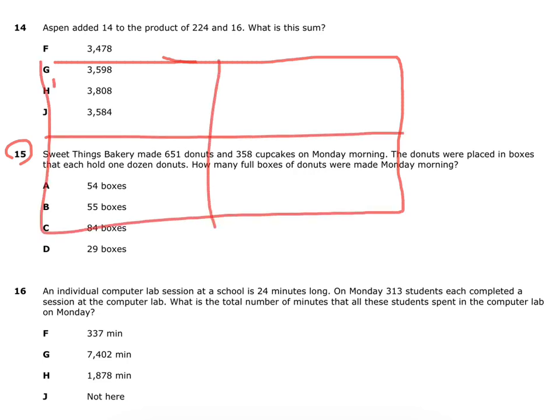So we're looking for full boxes of donuts. So that means the cupcakes is an obsolete piece of information, isn't it? Okay, we just need to know that they made 651 donuts.